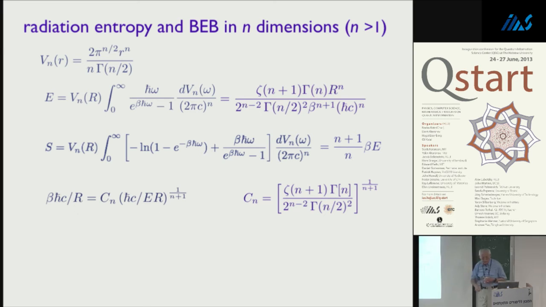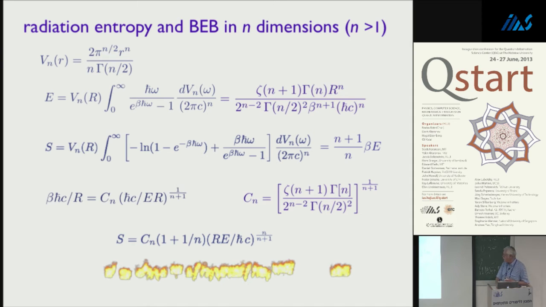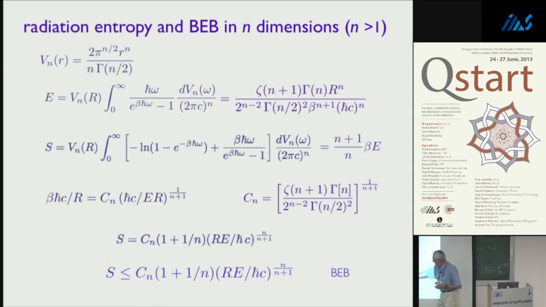Now you substitute this expression for beta into this relation for S, and you get the entropy of the radiation in terms of energy and radius. And this is the generalization of the formula that I wrote before for 3 dimensions. So the Boltzmann entropy bound in n dimensions would be just the same formula, right? There would be a bound on S of this form here.